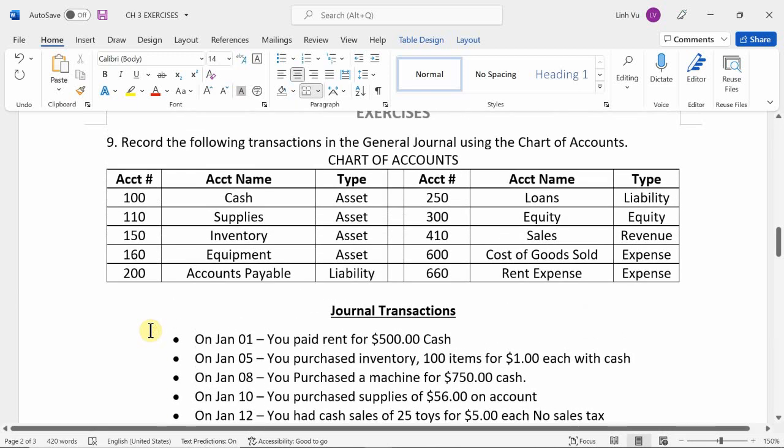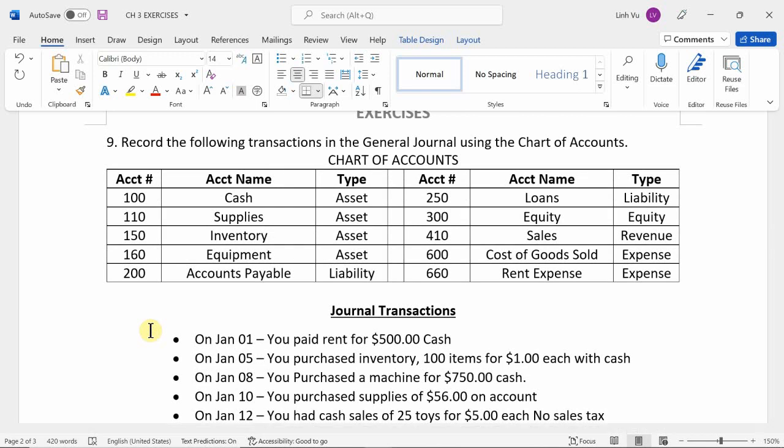How would I record that? We decrease the inventory, correct? But we increase the... I don't know what we increase.